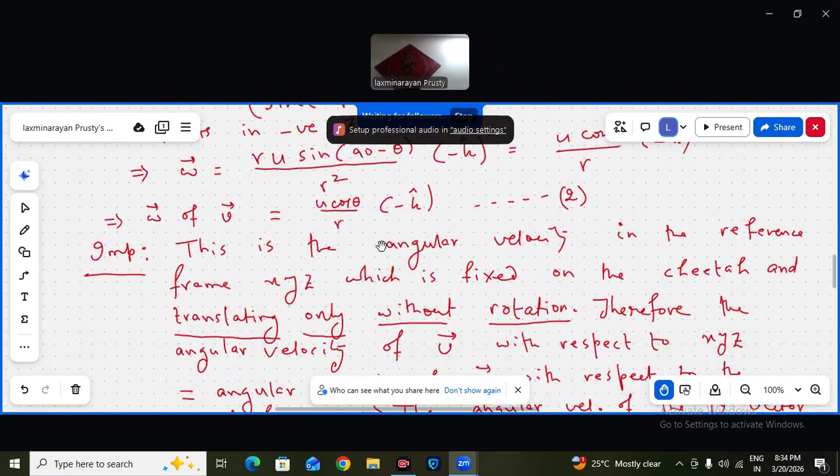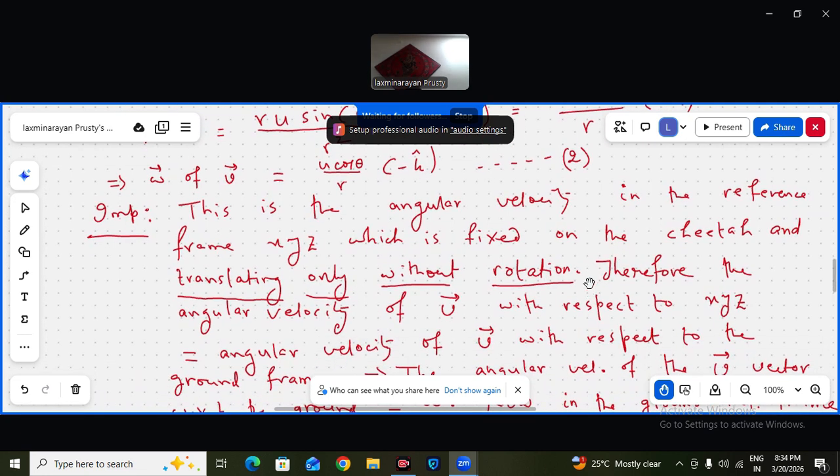But now it's the important point. This is the angular velocity in the reference frame xyz, which is fixed on the cheetah and only translating without rotation. Any reference frame fixed to the ground also will not be rotating.